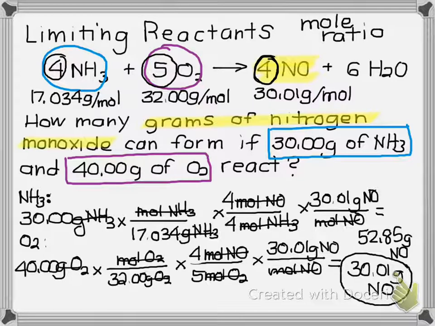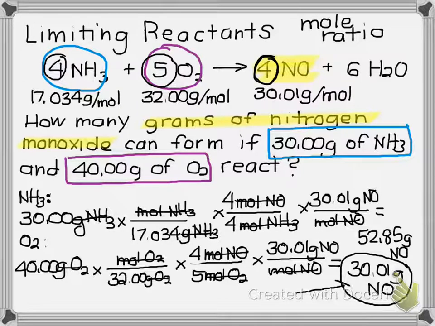The reason is because 40 grams of oxygen will only make 30 grams of NO. What happens is, at that point, the reaction would stop because all of the oxygen would be used up. It won't have a chance to get up to 52.85 that the ammonia or the NH3 would make, because at 30.01, the 40 grams of oxygen would be all used up.